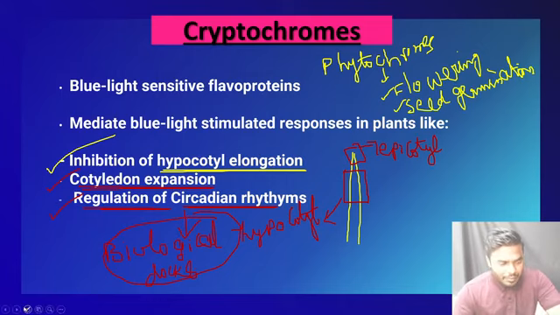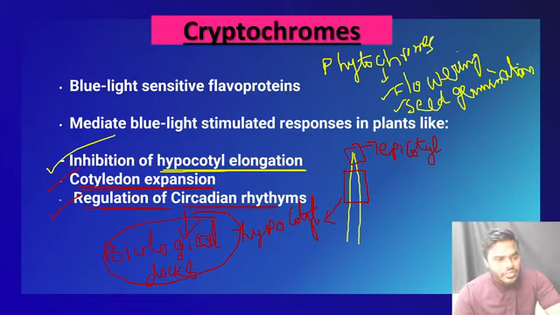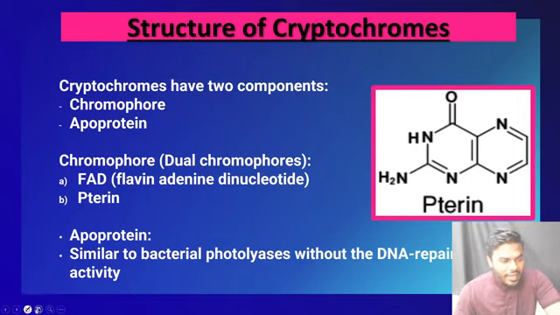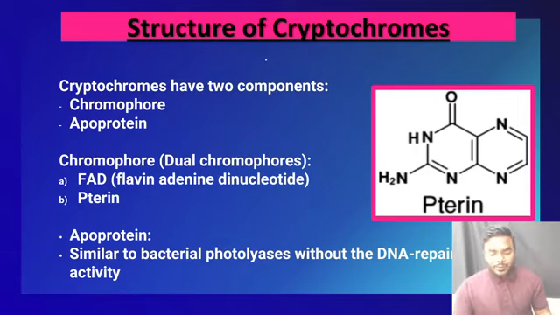There we will read. But I want every one of you to remember it for the exam point of view without fail. Once again I am stressing, most of the part B questions will appear from the structure as well as the function only. So inhibition of hypocotyl elongation, cotyledon expansion, regulation of circadian rhythms. Don't forget it.